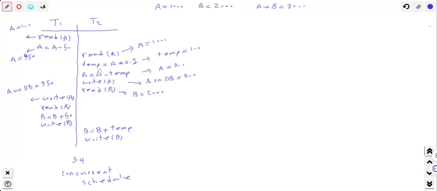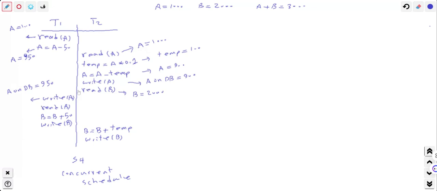Okay, thank you, Doctor. So T1 works with its old value, the value that it read before. So A for T1 is 950, and when it writes it on the DB, the value of 950 is written on the database for A.